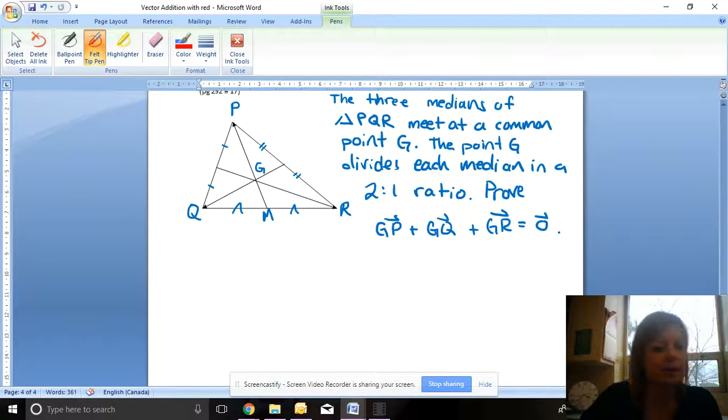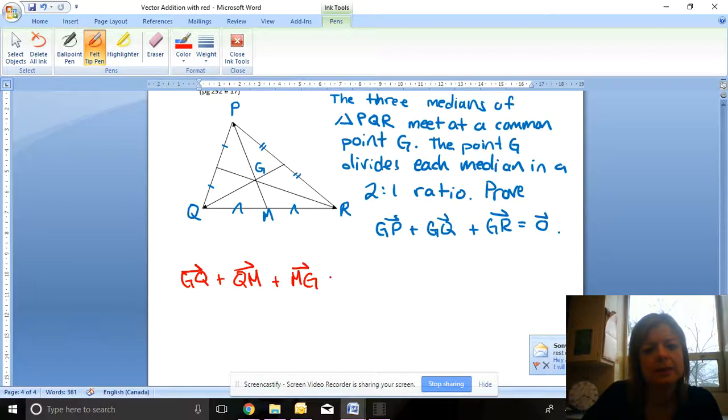So we are labeling this point M, the midpoint. We know that if you go from G to Q, and then from Q to M, and then from M to G, you are going to get the zero vector, because in essence you go back to start.